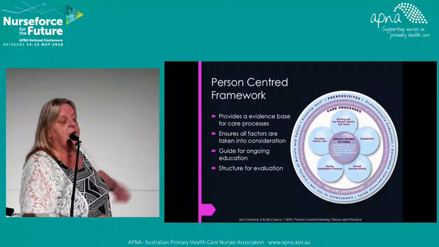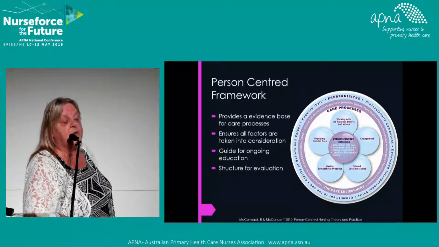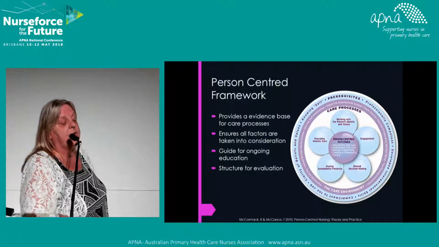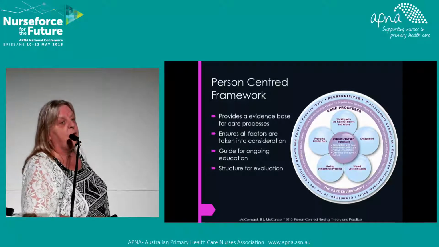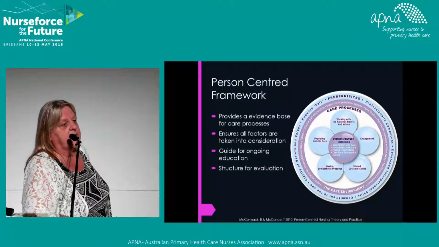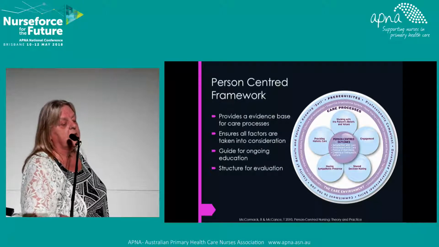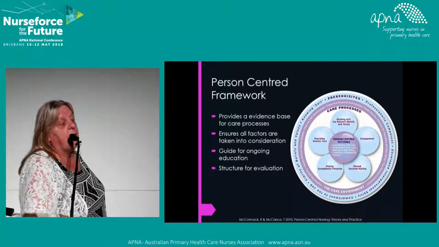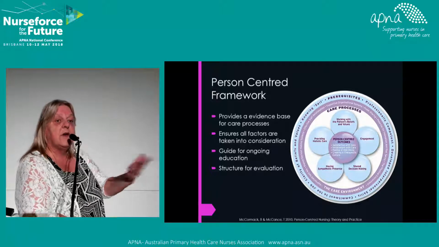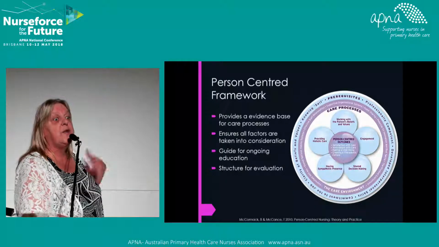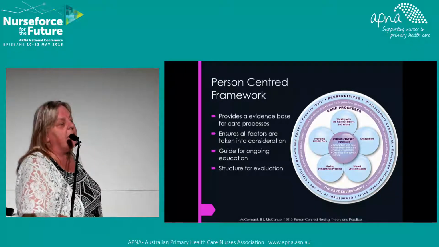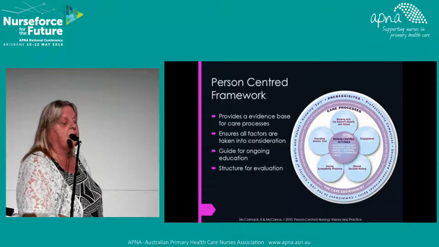So the framework is a really good way of giving you the evidence base for your care processes to ensure that all factors in person-centred care are taken into consideration, and it's also a guide for ongoing education, so you can see the areas where you feel that you need more, and it's also a structure for evaluation.